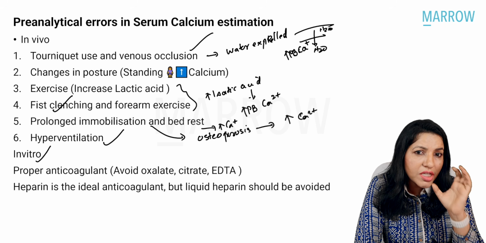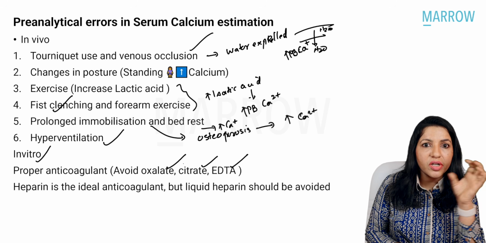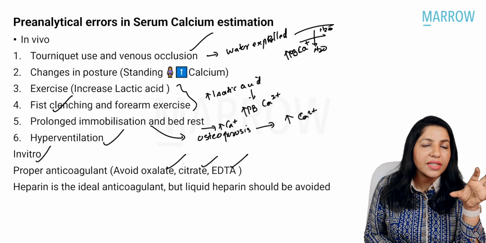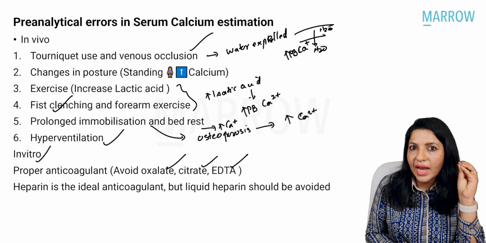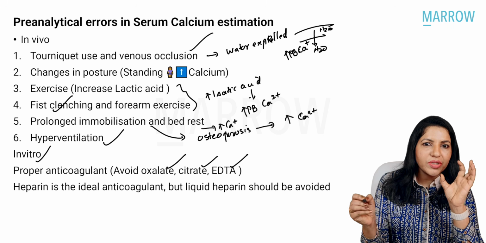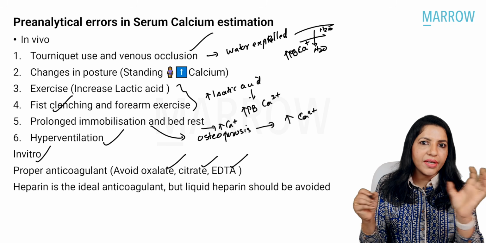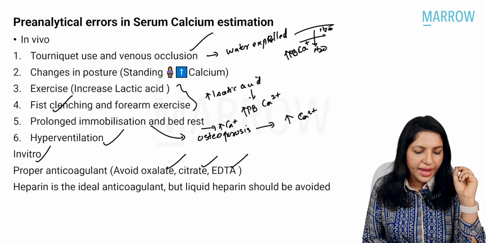And we should always avoid EDTA, citrate and oxalate, because these can chelate the calcium. So the ideal anticoagulant is heparin. But if the options are lyophilized heparin and liquid heparin, lyophilized heparin should be the answer, okay?